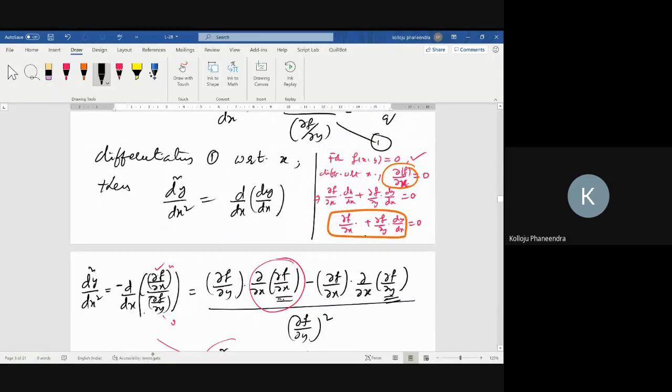If I write with respect to y, dou f by dou y dx by dy, no, not like that. It gets confusing. Let us separate the terms. That's better. If I calculate the terms individually, that's better.